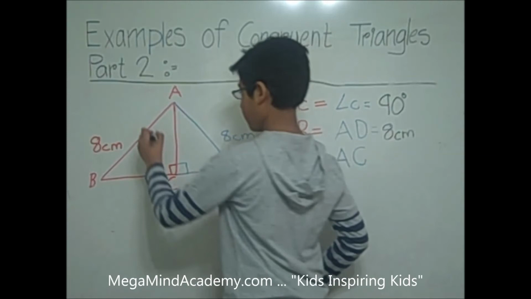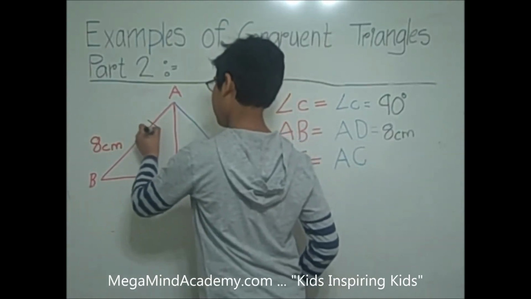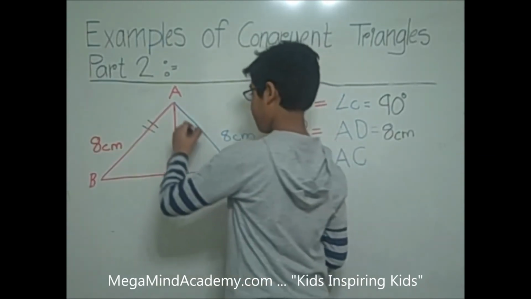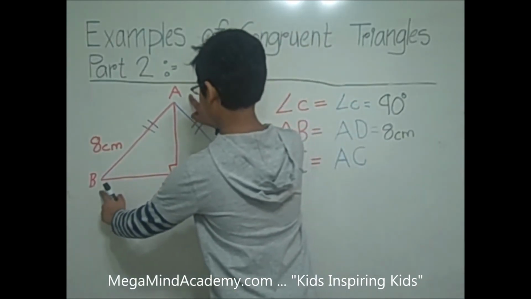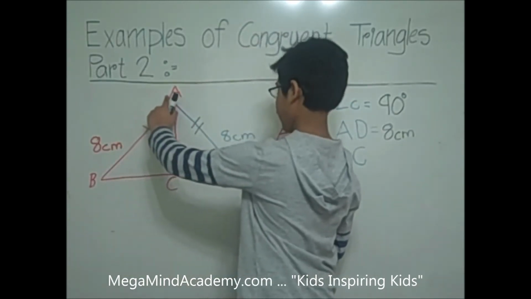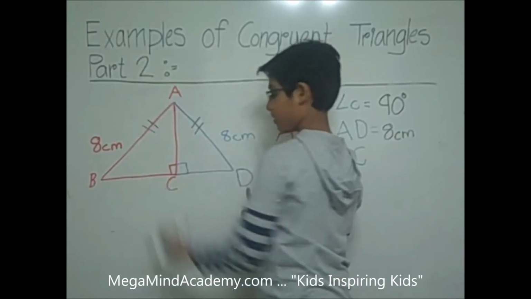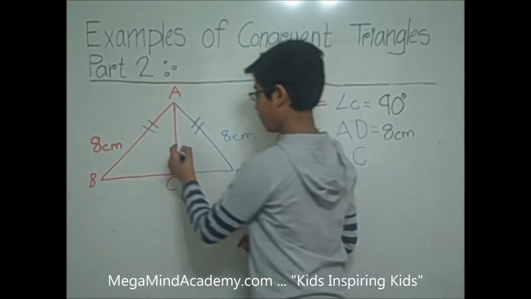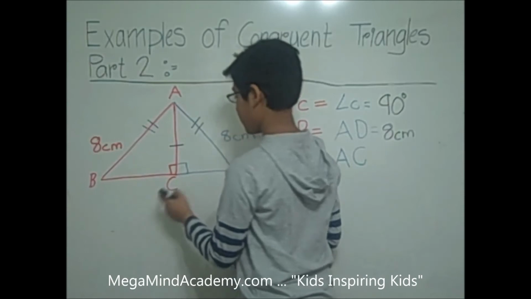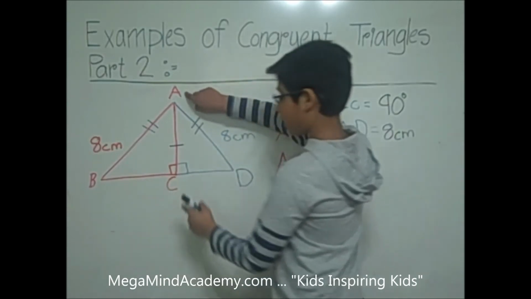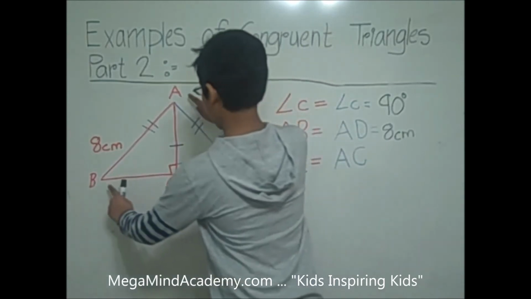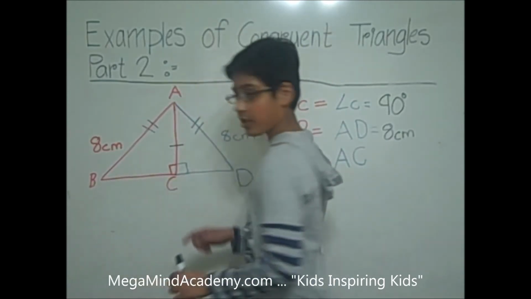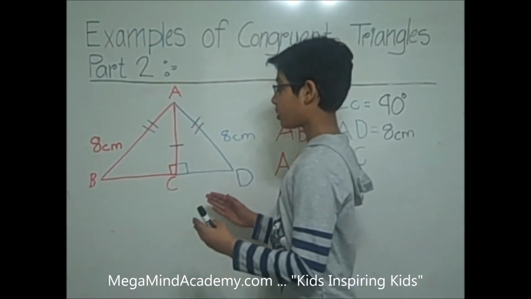So I would put 2 lines here, and then I would put 2 lines here to show that side AB is equal to side AD. And then I could put 1 line on side AC to show that it does not measure the same as side AB, but it measures the same for both the triangles.